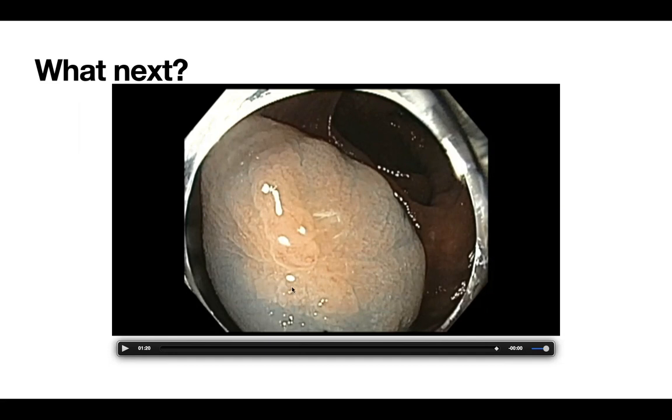As I started gaining experience, one thing I started doing is look at the scar and stay away from the scar with my first injection so that I could get a good lift. Something to keep in mind: if somebody has taken biopsies, most of the time they take biopsies closest to them, that is towards the anal side of the lesion. So you go to the cecal side and start injecting.